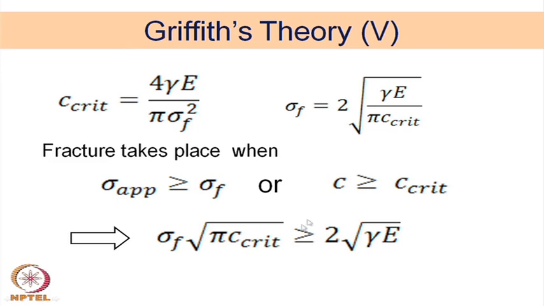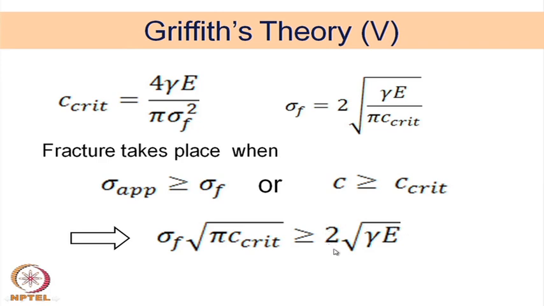Now, these two conditions lead to this. So, sigma f, the fracture stress, multiplied by the square root of pi times the critical crack length, is greater than or equal to 2 pi gamma into E. Now, these are the material parameters, gamma the surface energy and E the Young's modulus.